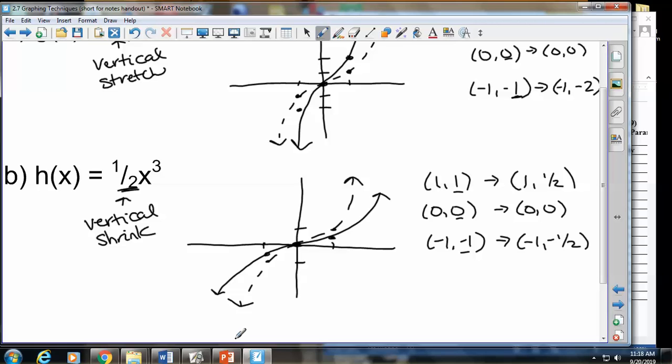So I see my vertical shrink. If you take it and you're mashing it down, it's getting shorter and fatter. So vertical, anything on the outside, changes y and it does what you think. Take your y times half, take your y times 2. Are those examples okay?